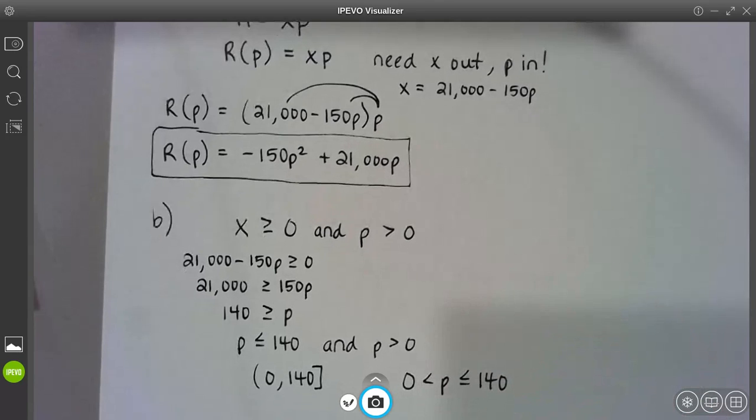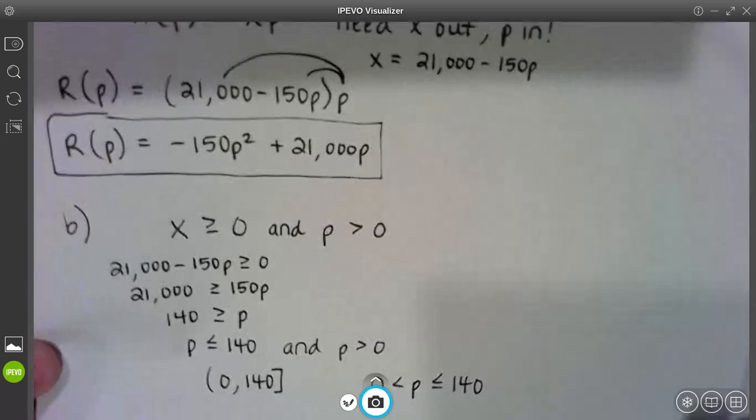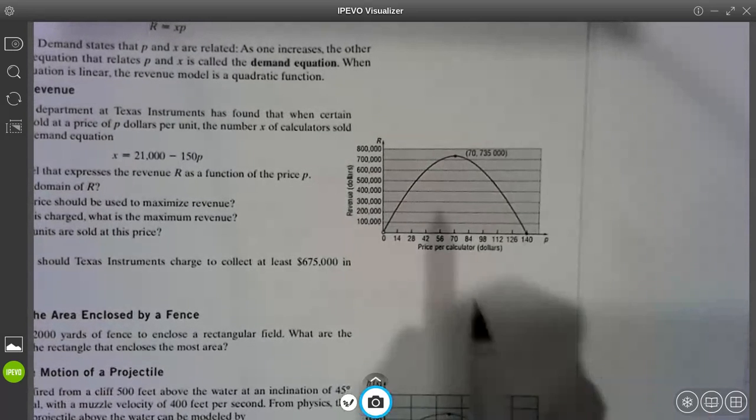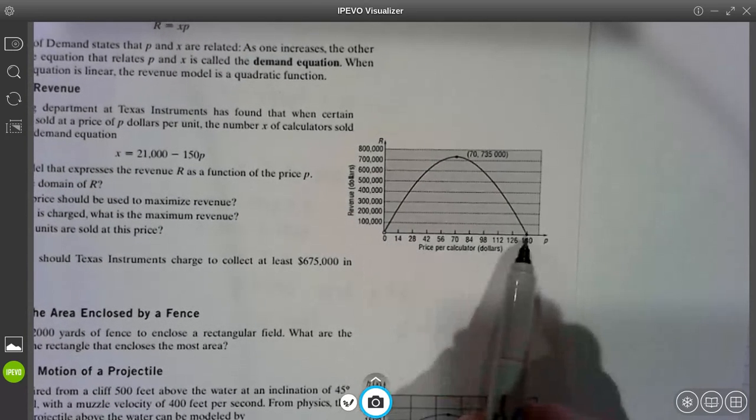Okay, so those are your domain. It has 2 conditions. Is everybody okay with that? Yes? Okay, now, if you do look at the graph, because we do have it to refer to, you see how it only goes from 0, but not including it, it's an open circle, all the way to 140, including 140, okay? So we do have the correct domain.